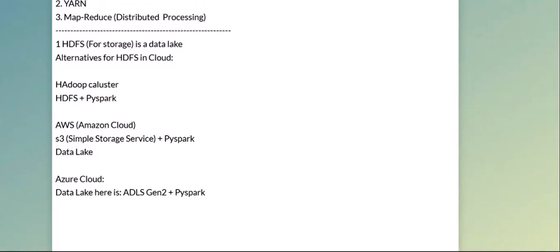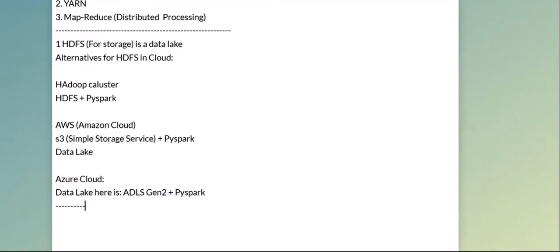So I hope now you are clear that when we talk about a Hadoop cluster, we have HDFS as a data storage or as a data lake. When we talk about AWS cloud, we have S3 as a data lake. And when we talk about Azure cloud, we have ADLS Gen 2 as a data lake.